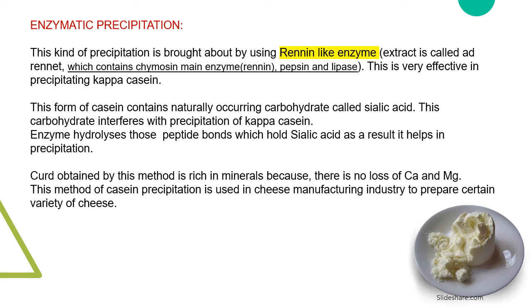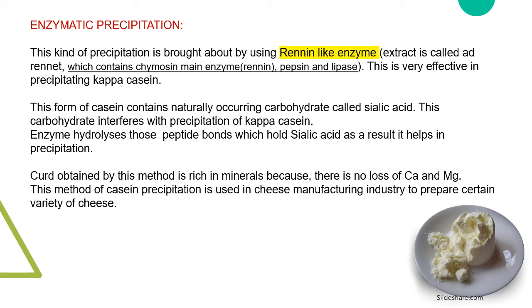Okay, so this was about enzymatic precipitation. One more point I would like to add here is how renin is extracted. Renin is an enzyme which is secreted into the stomach of unweaned mammals, causing the curdling of milk. Unweaned mammals means infants which are still under lactation.